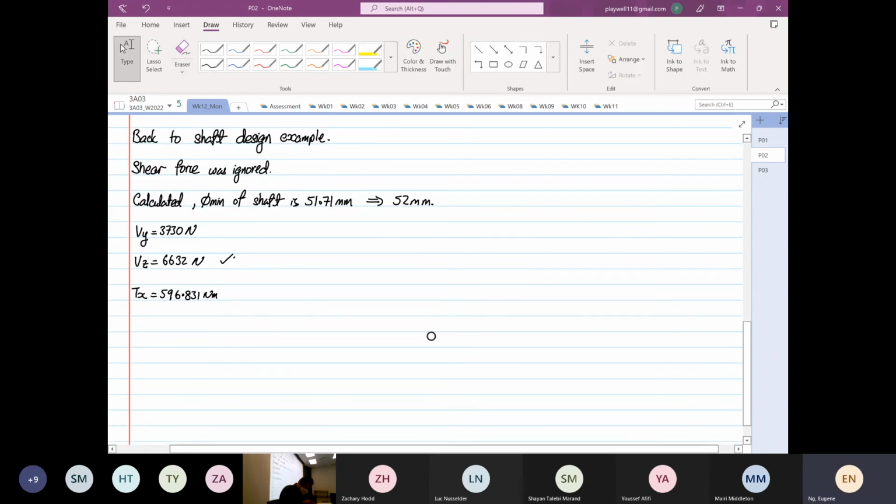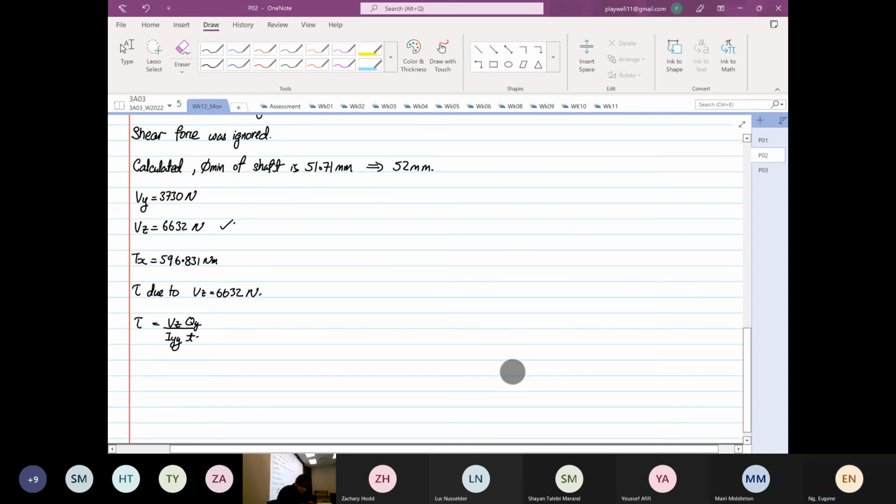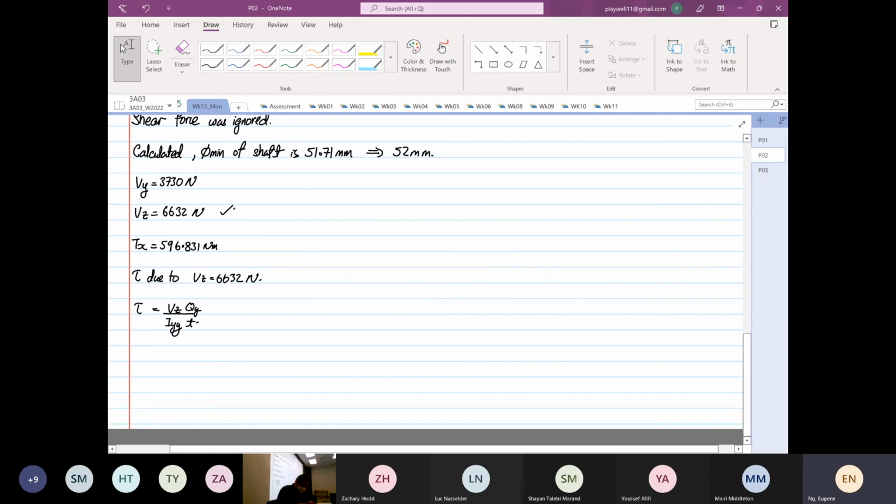So we are going to calculate the shear stress due to Vz equal to 6632 Newton. The shear stress is equal to Vz over Iyy, Qy, divided by t. So there are a bit of variables that we need to know. We're going to find Qy first, which is equal to A y bar.